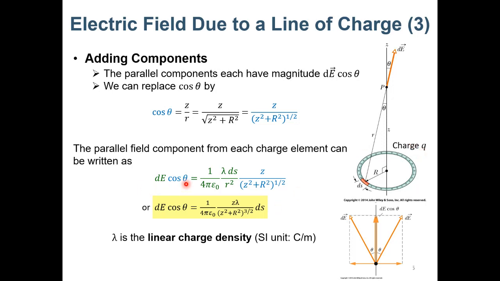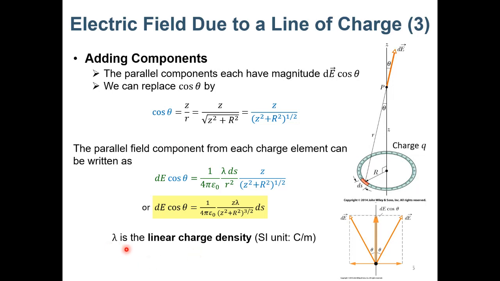So we only consider the vertical part, and dE is 1 over 4 pi epsilon 0, times Q, where this Q is actually lambda times ds, the length of this small element times the density of the charge.